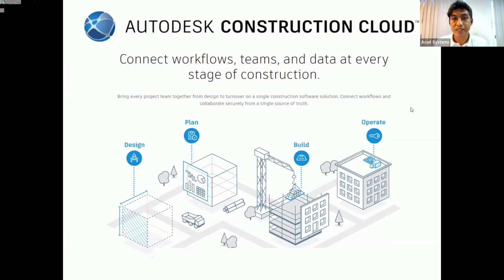It is basically a collaborative place for all the project members, from the design phase up to planning, and then until the actual building of the project, and then also the operating once the building is done.